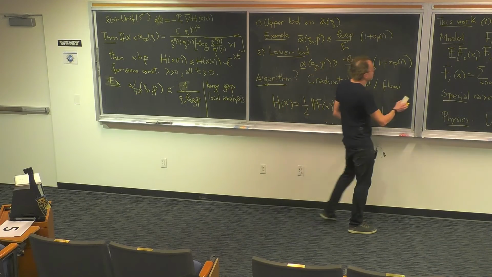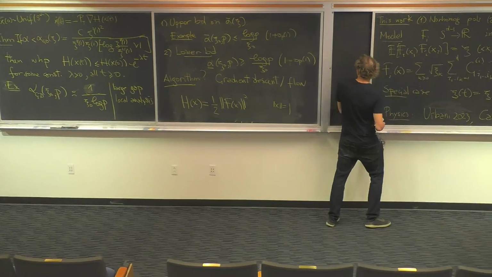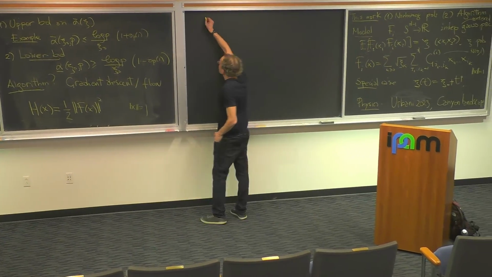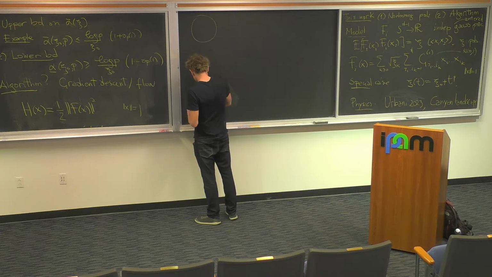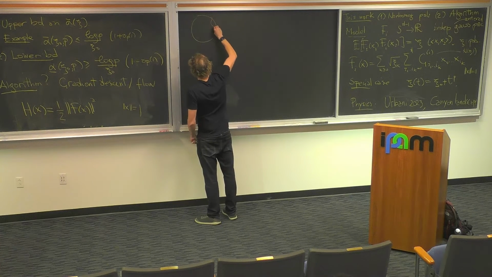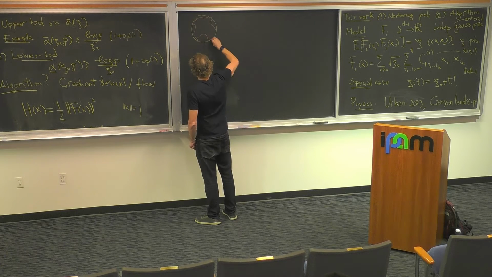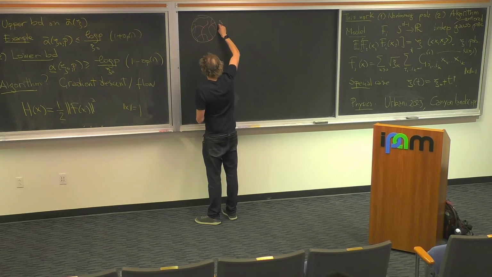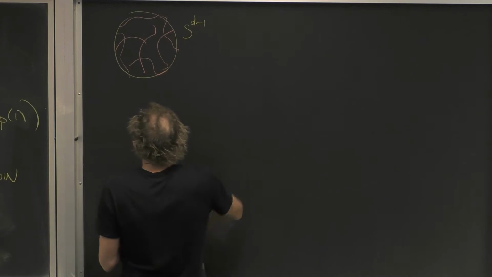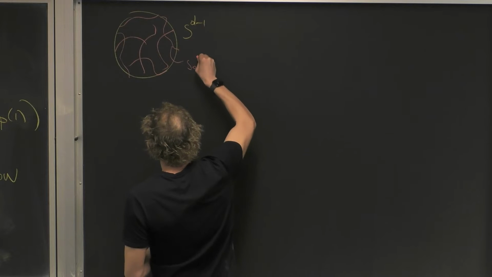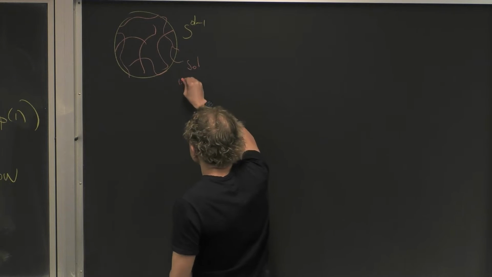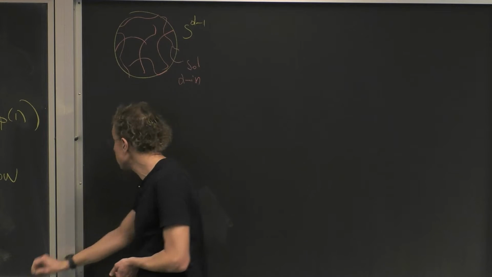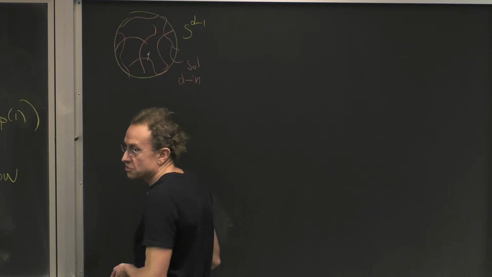The picture is that I have my unit sphere, so this is the unit sphere in d dimension, and the set of solutions is a manifold of dimension d minus n, so it's a very high dimensional manifold, and if I start at a random initialization, I converge very close.